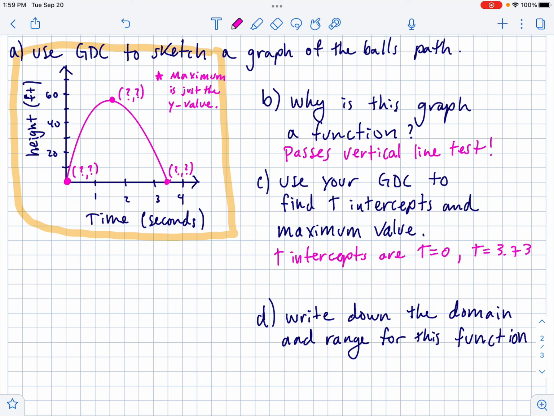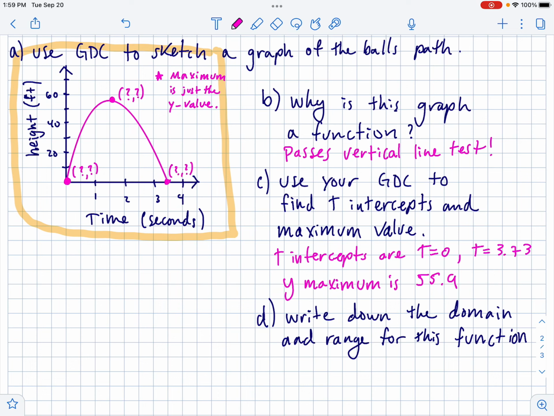Then if you use the maximum feature on your calculator, you can figure out that the y value up at the top, y maximum, is 55.9. So we'll do this one together in class. I'll show you how to do it on the calculator.